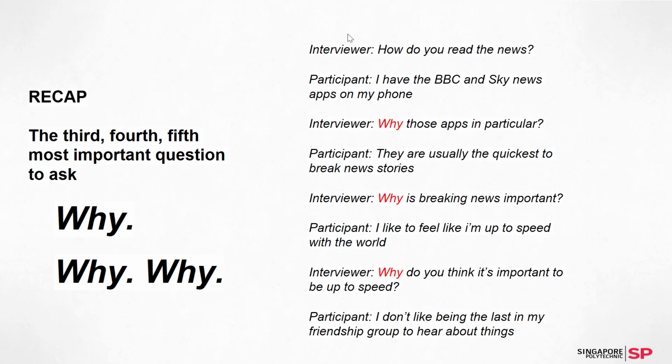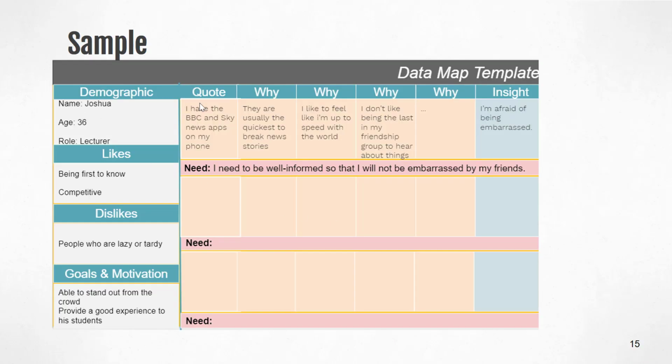So if this was the section of the interview which we would like to use for our GMAP, let's take a look at how we could fill it out. So the quote would be, I have BBC and Sky News app on my phone. They are usually the quickest to break news stories. I feel like I'm up to speed with the world. And finally, I don't like being the last in my friendship group to hear about things.